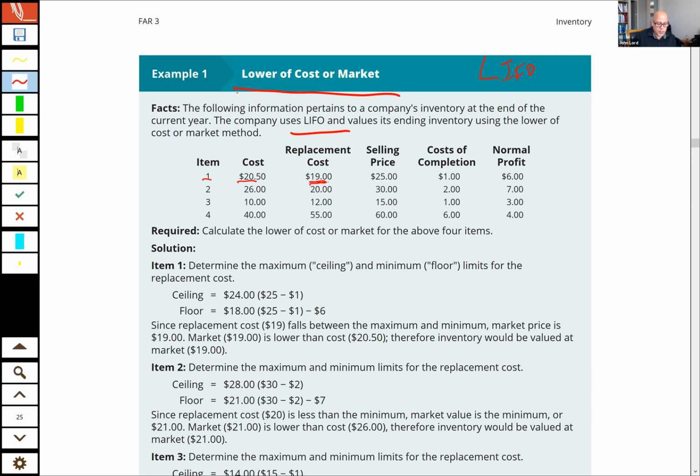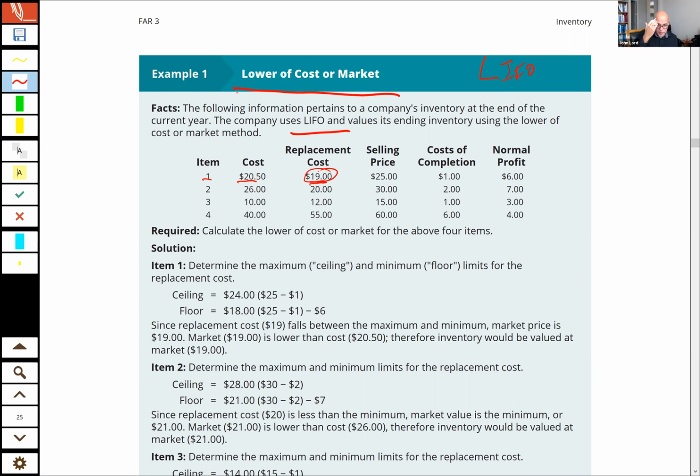Now, when they give me replacement cost, I know already that I'm going to have to write this inventory down, because the replacement cost is showing that it is below the original cost, what it cost me to acquire or produce this inventory. But I don't know if I should use replacement cost, because I have to evaluate replacement cost now, and I have to see, is it over the ceiling or is it below the floor?